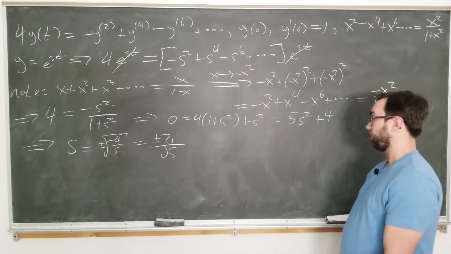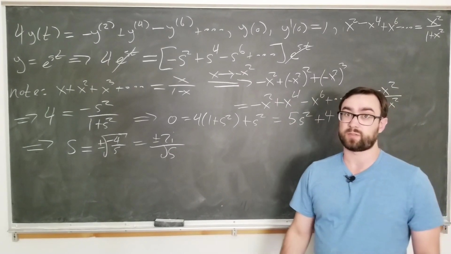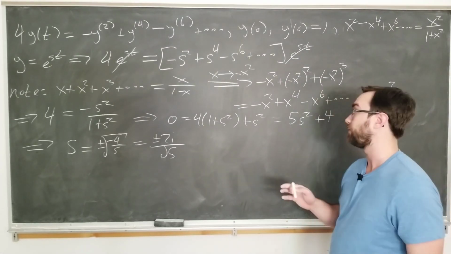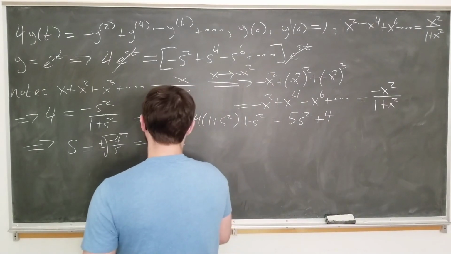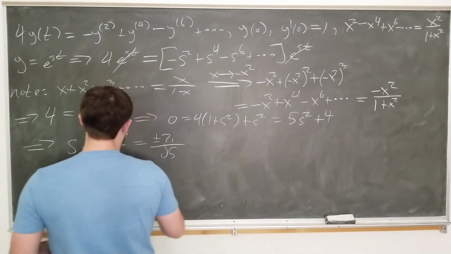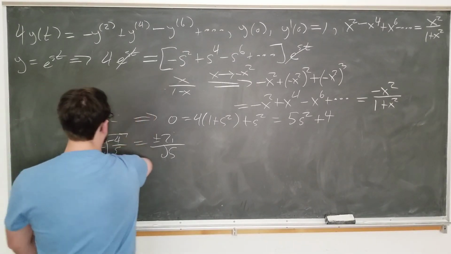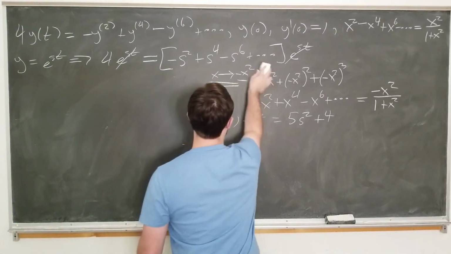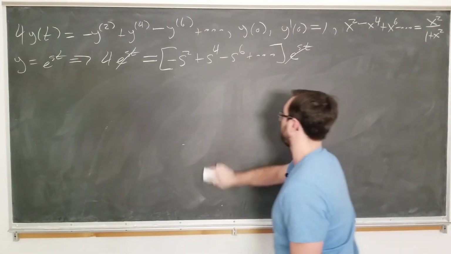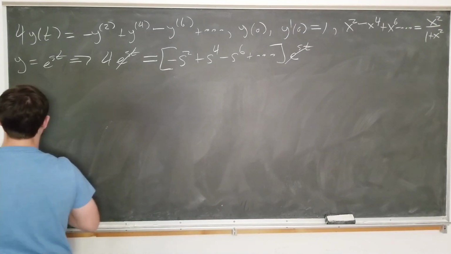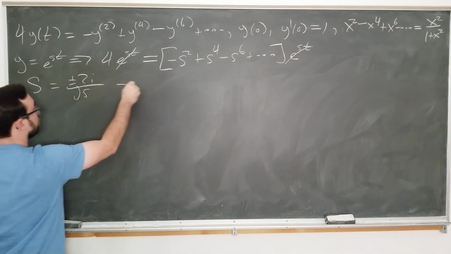We want this because if you've seen this sort of thing before, if you have an imaginary exponential ansatz, you'll eventually get sines and cosines. This is actually fine. So s is plus or minus 2i over square root of 5.